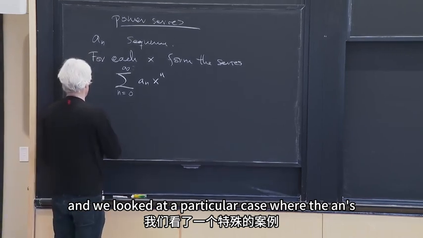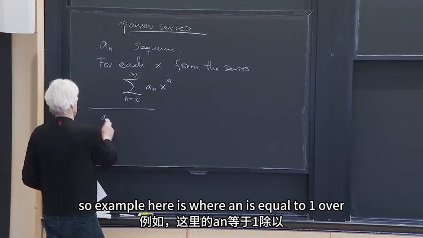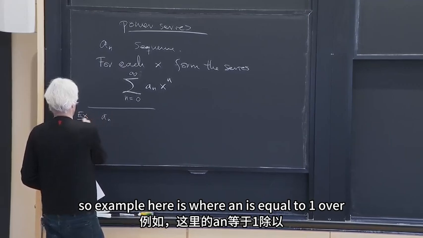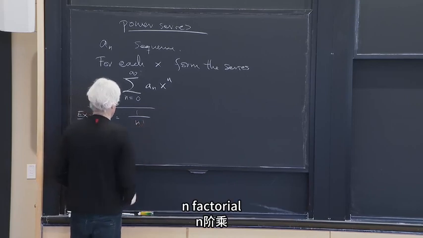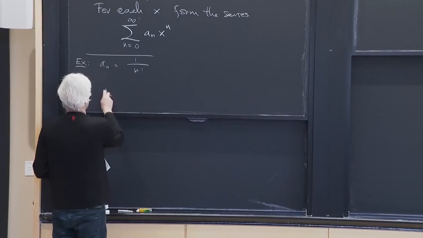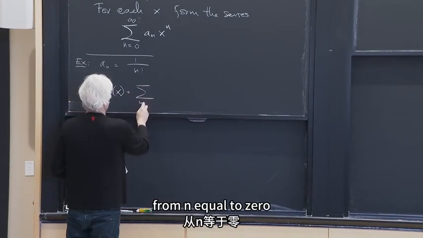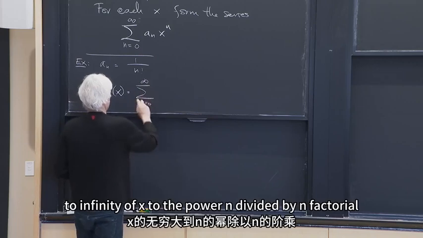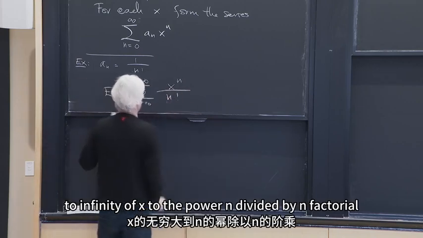And we looked at a particular case, an example where a_n is equal to 1 over n factorial. And so we got the function E of x, which is a sum from n equal to 0 to infinity of x to the power n divided by n factorial.